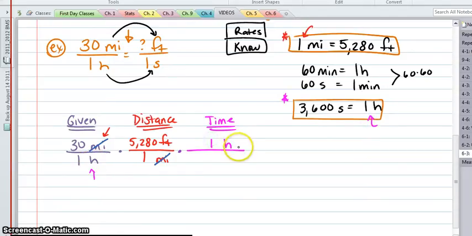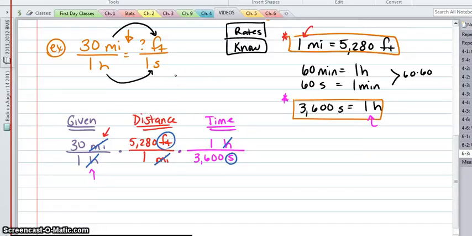So 1 hour in the numerator, and let me use the rest of the rate, 3,600 seconds. In this fashion, hours cancels out with hours. What units will we be left with? Aha, feet per second. And isn't that what we want? To know how many feet per second?